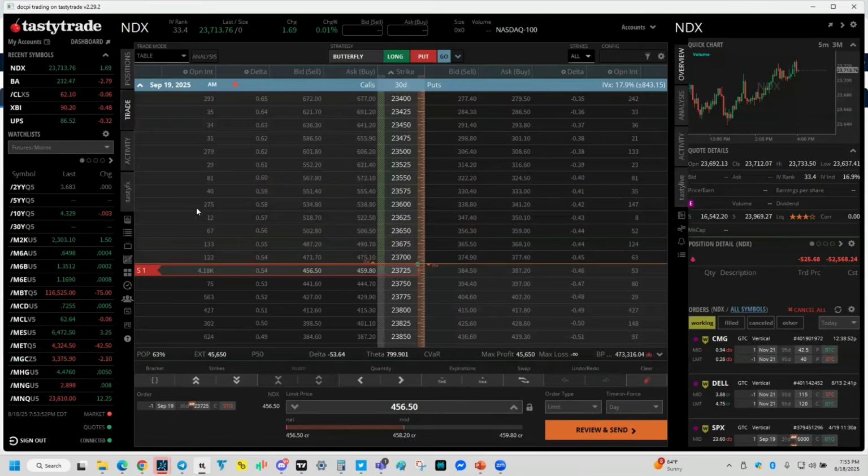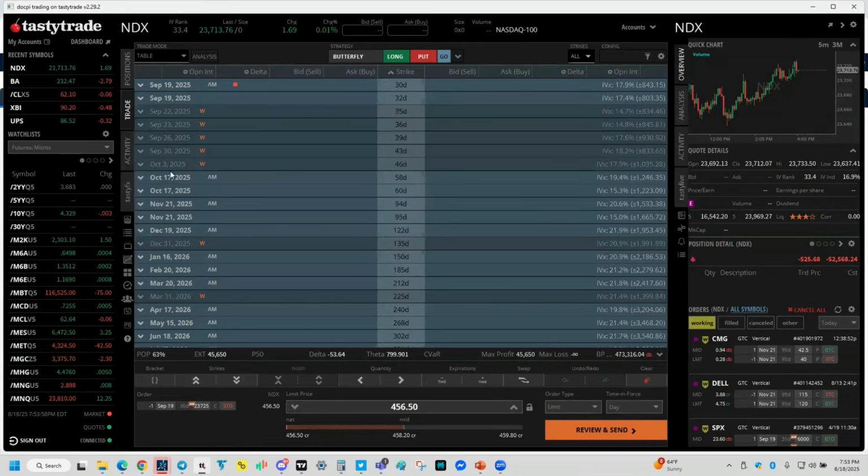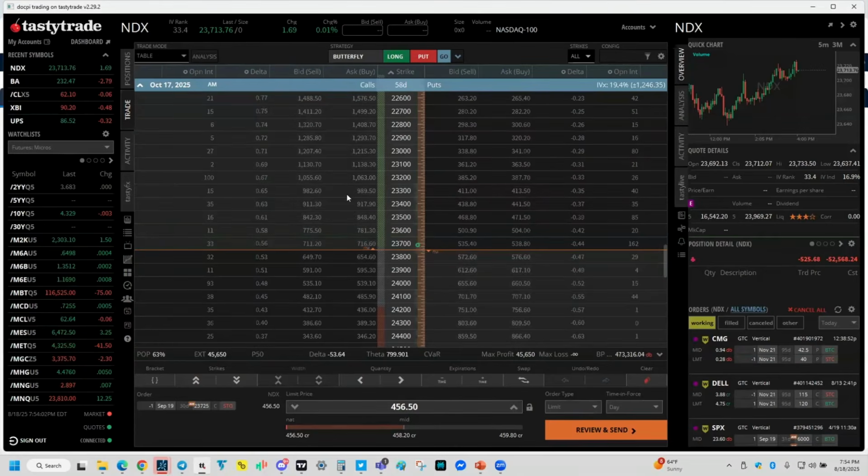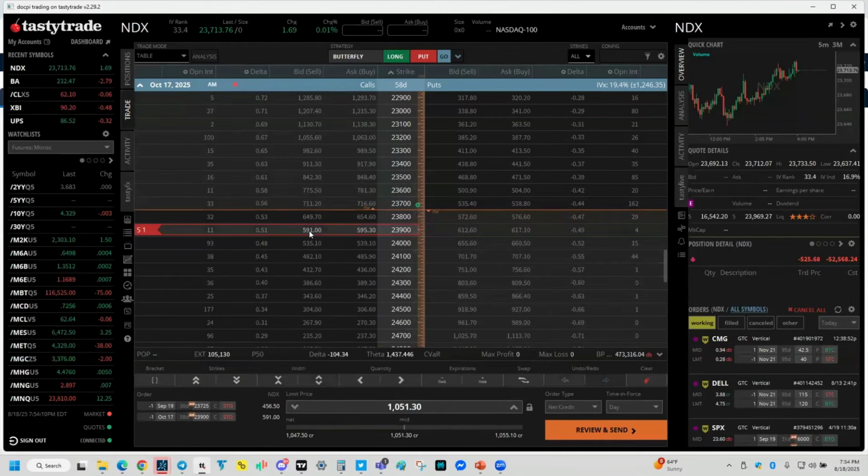On Friday the 19th, they're going to come in and at 11:30, they will be selling the at the money NDX October AM expiry calls. They'll be selling roughly 4,500 of these starting at 11:30.